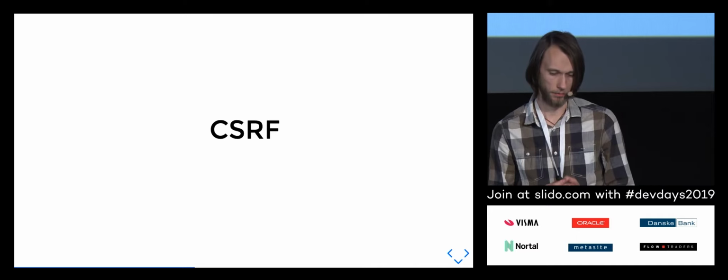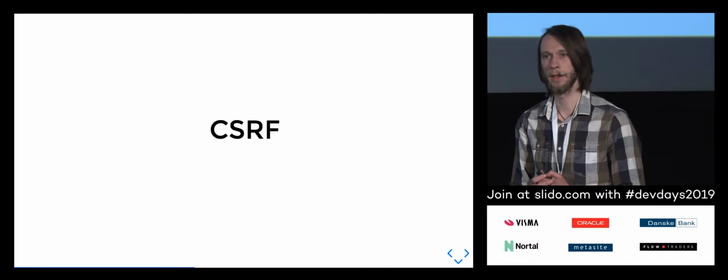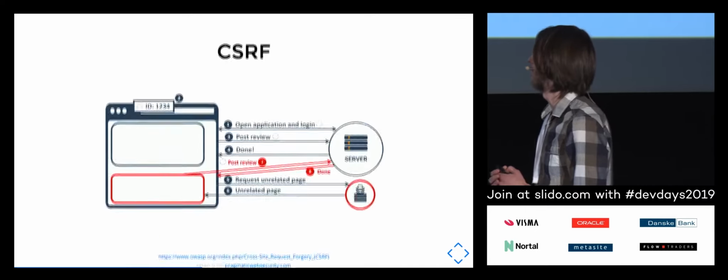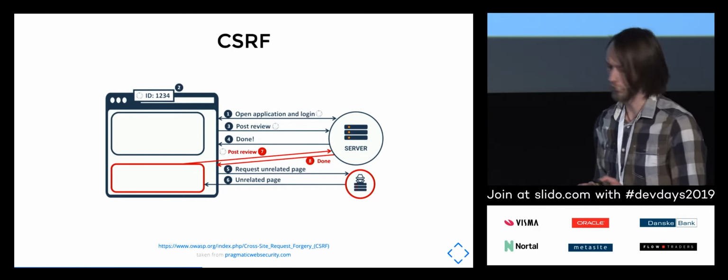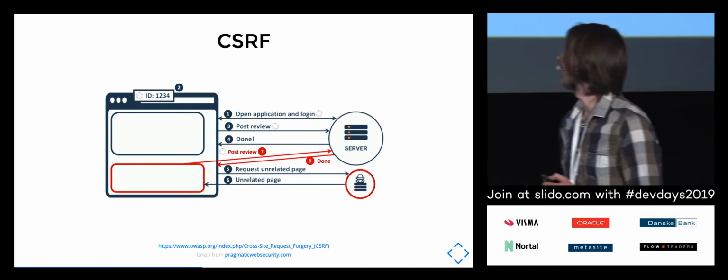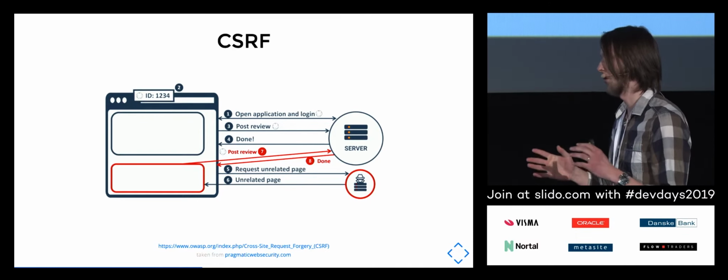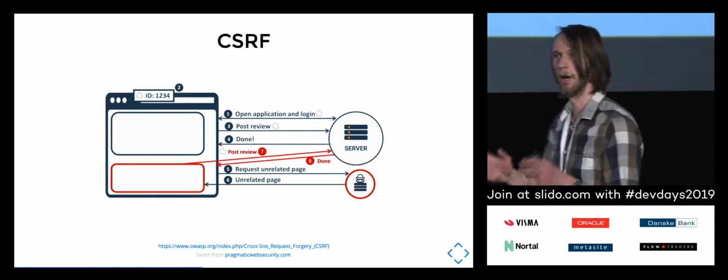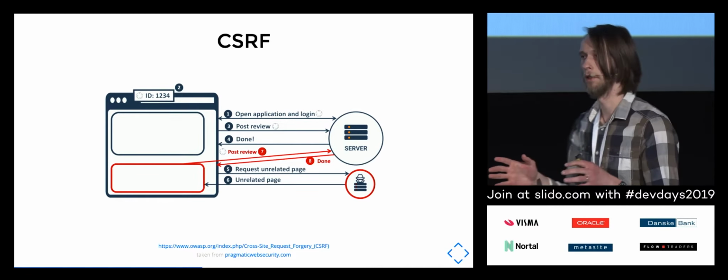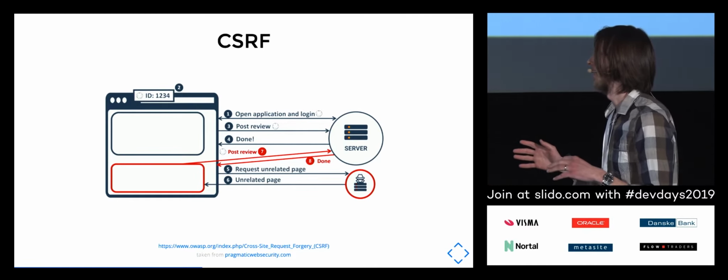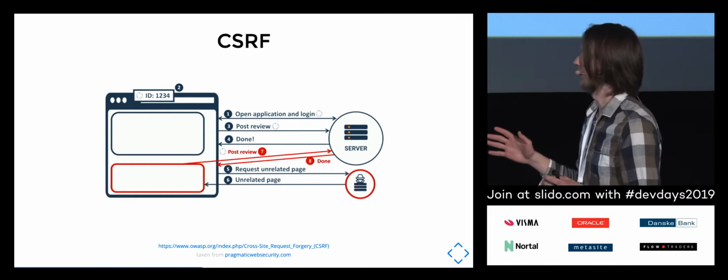Going to the next attack, it's about cross-site request forgery. It's probably not as well known as XSS, but still pretty tricky. What is it about? It's about, I would say, a not very clever way of browsers using cookies. What does it mean?